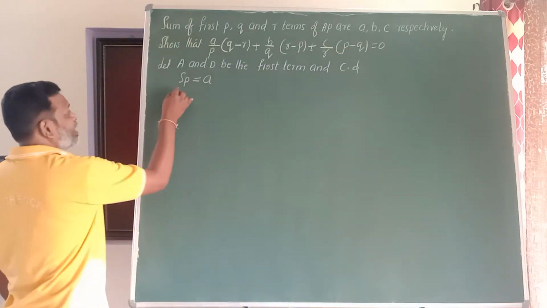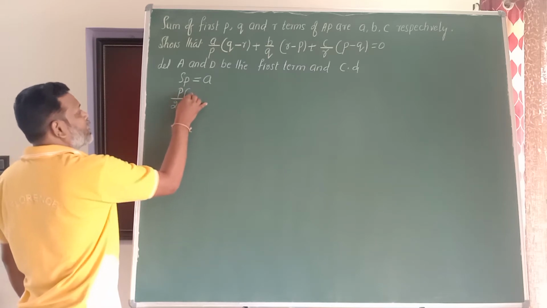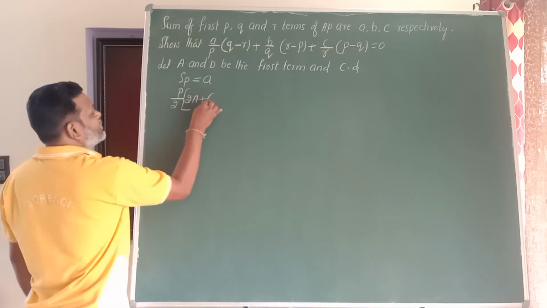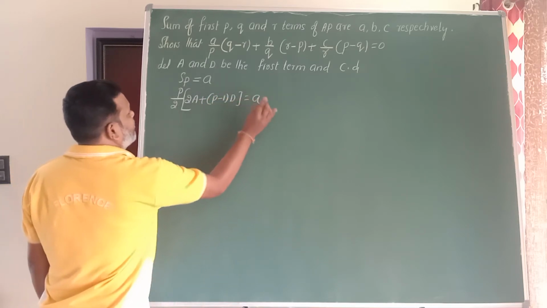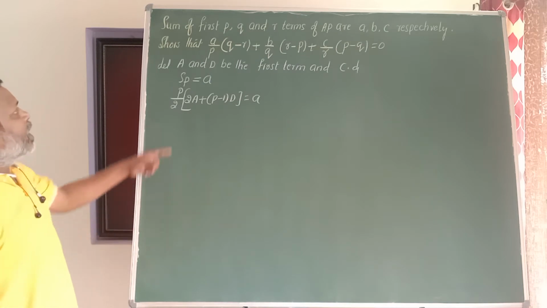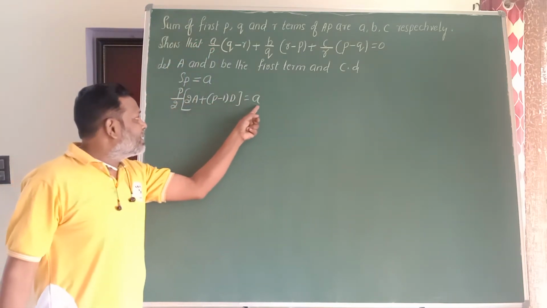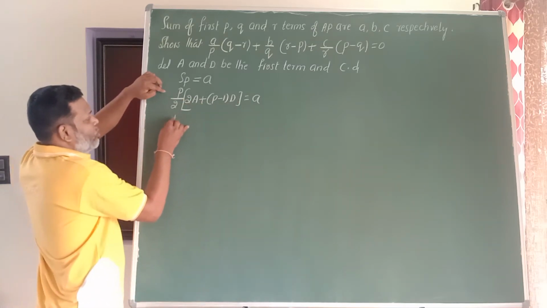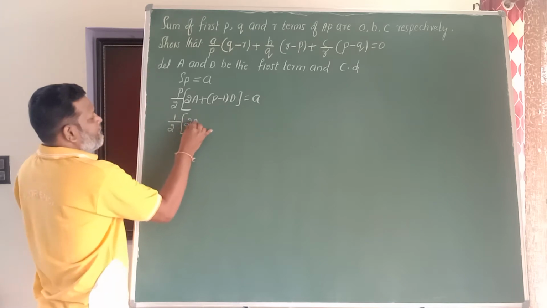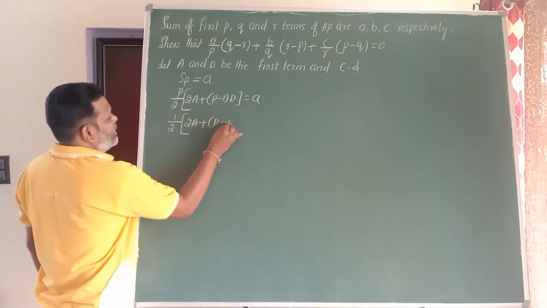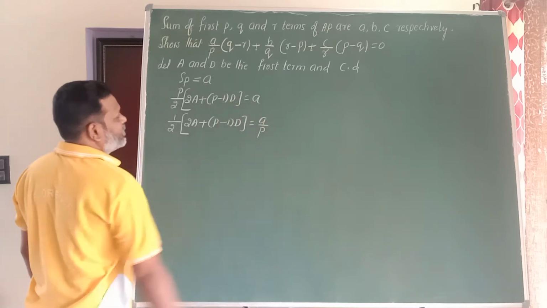So SP is P by 2 into (2 into capital A plus (P minus 1) into capital D), which is equal to a. We want a by P, so cross multiply the P. Then 1 by 2 into (2A plus (P minus 1) into D) is equal to a by P. This is one.